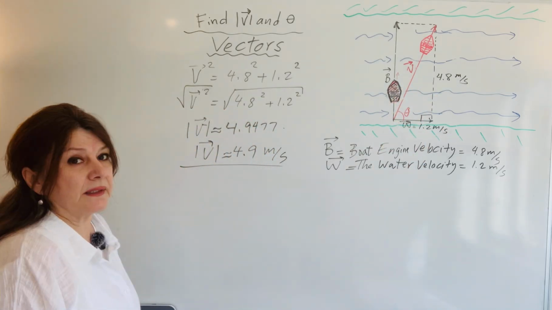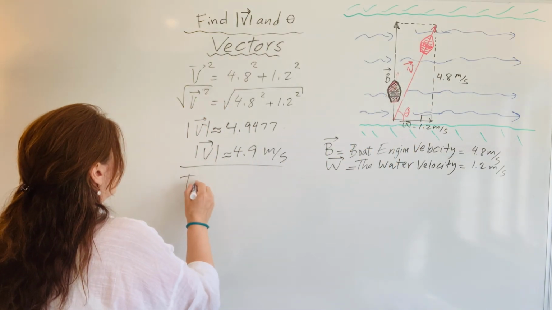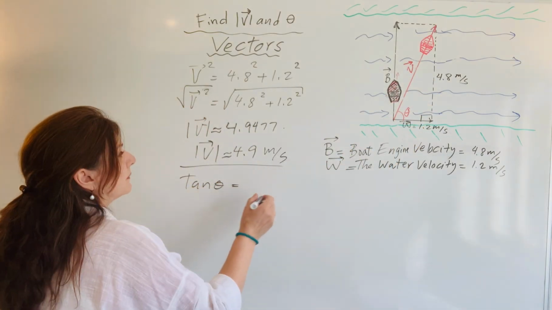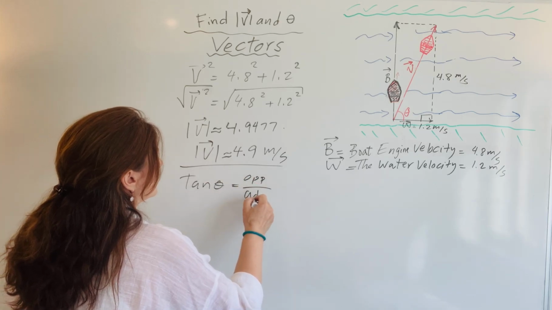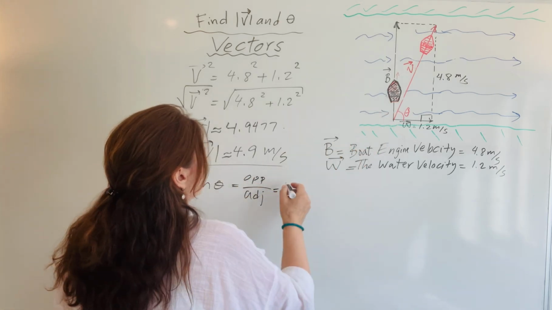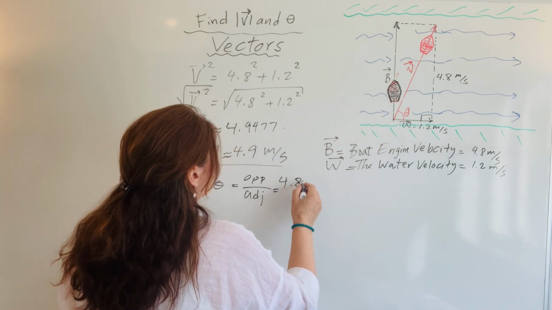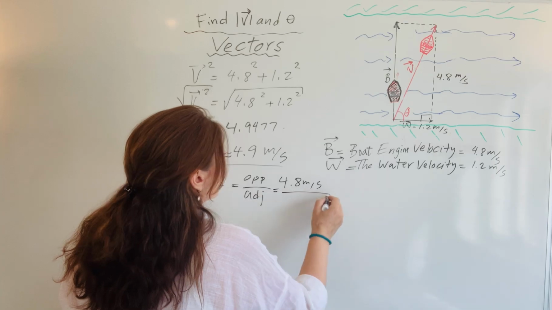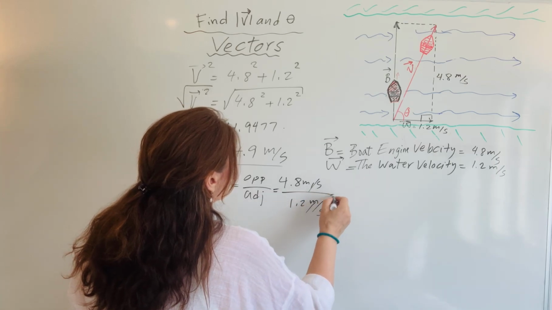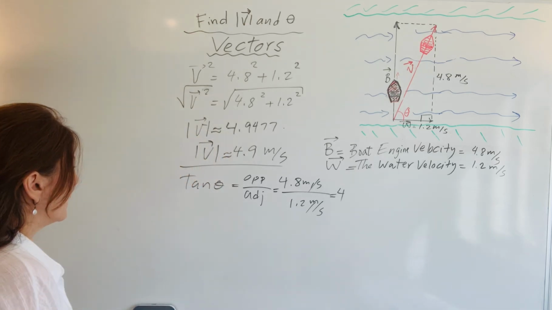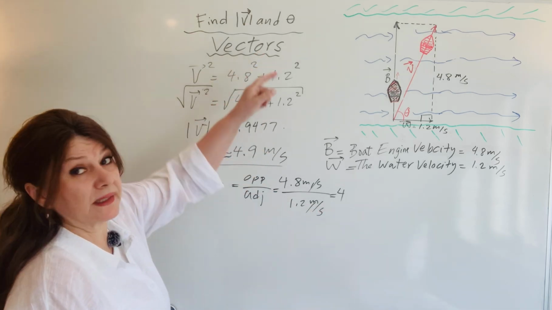But usually, we can use the tangent. Tangent of theta is the opposite side over the adjacent side. The opposite side of theta is 4.8, and the adjacent is 1.2 meters per second. This is 4, so tangent of theta is 4.